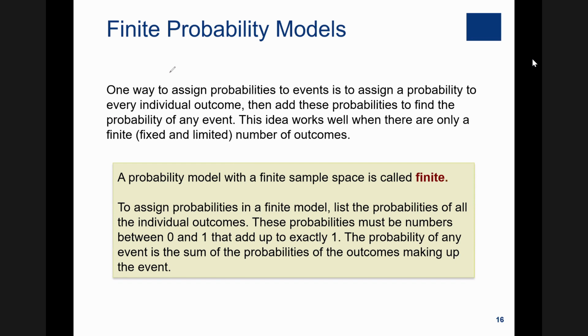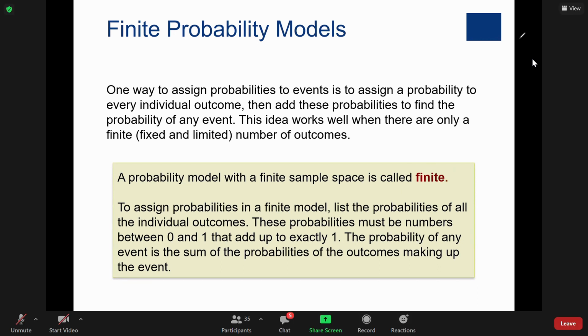What is the meaning of finite? No idea? Finite means limited. It could be 1, 5, 70, 1000, but what matters is that it's finite, not infinite. The model obtained is called a finite probability model.